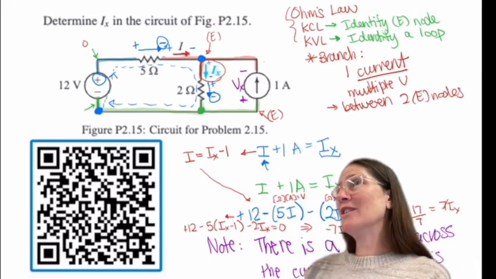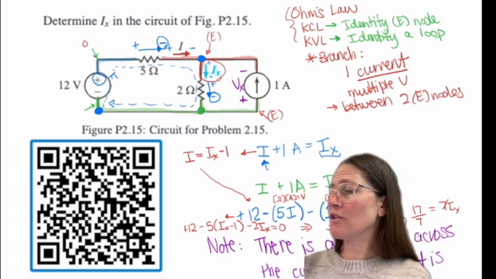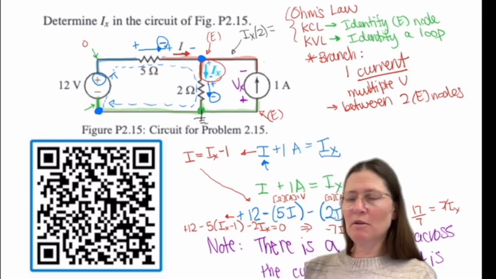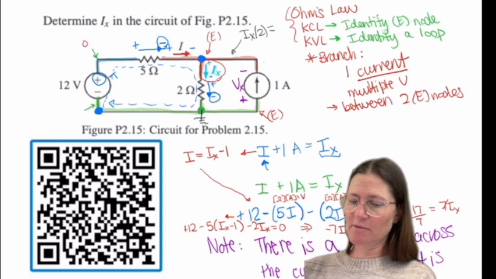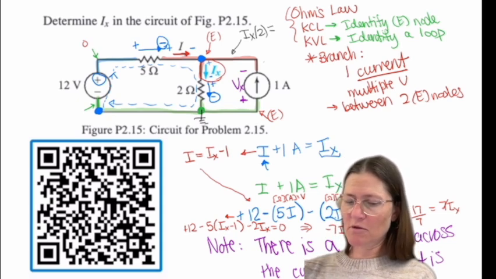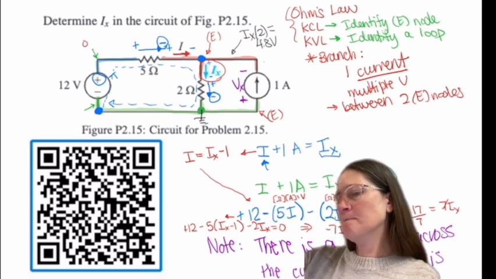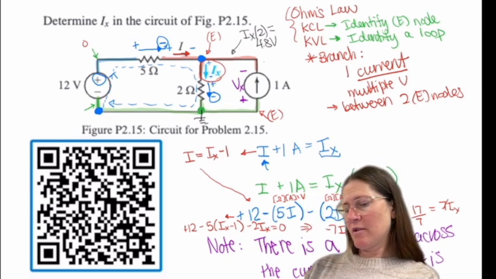So now we know Ix, we can find the voltage at the top node if we ground the other side. So if we ground, this is going to be Ix times 2, which will be 2.4 times 2, or 4.8.